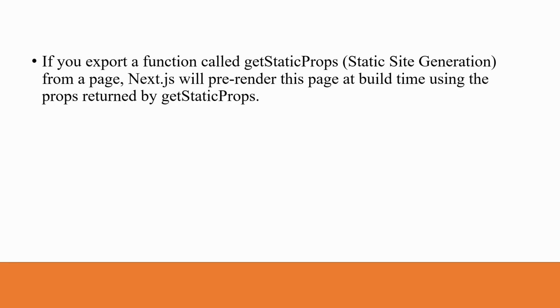Whenever we build the page, at that time it will generate the static page. This means whenever the developer builds, the static page will be generated. This happens in production.